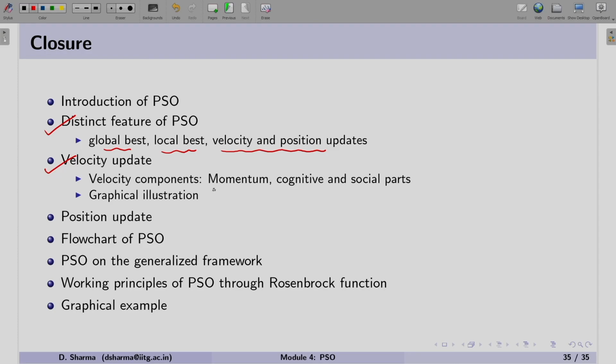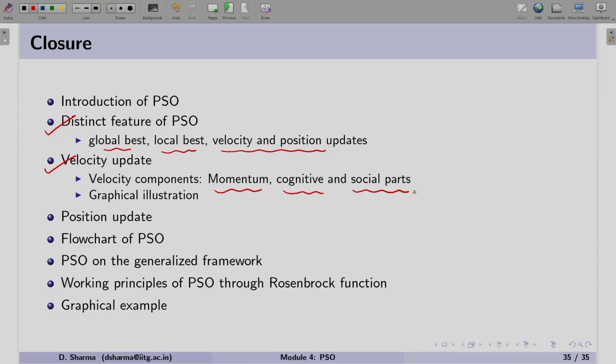It consists of a momentum part, a cognitive part, and a social part. We have also gone through the graphical illustration. What we understood is that the velocity of each particle is the summation of 3 vectors, whereas the social and cognitive parts are vector operations, that is, the difference between 2 vectors.